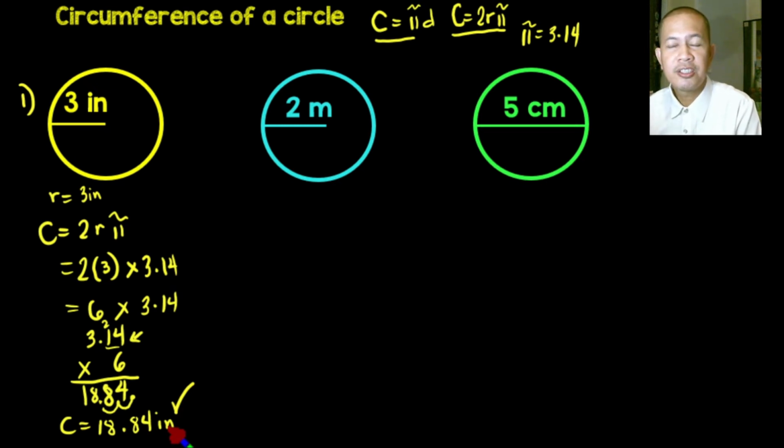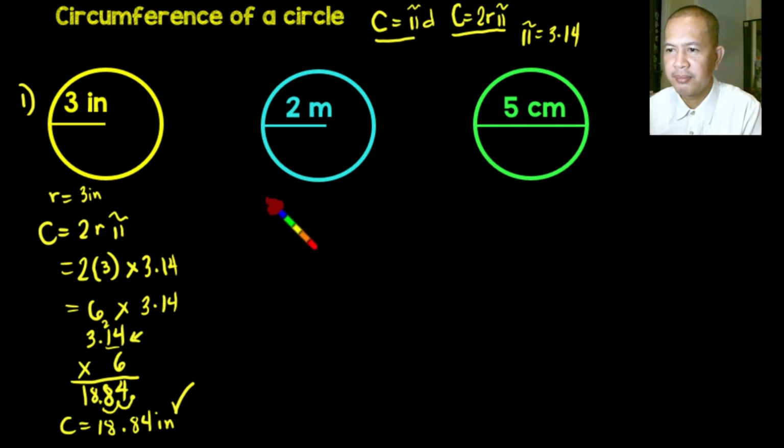Let's proceed to the second example. Our circle has a radius of 2 meters. We can also use the formula circumference is equal to pi times diameter.